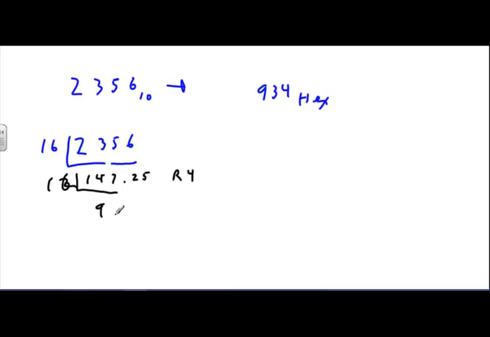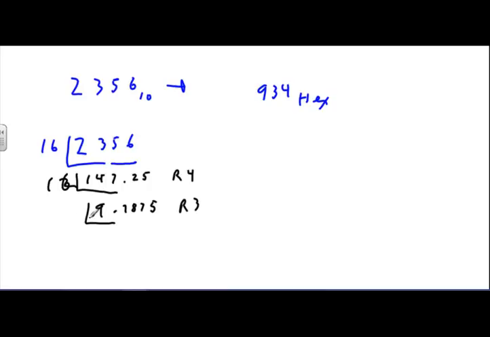9.1875. Well, what does that mean? I'm going to subtract 9 from it, and 0.1875 times 16 gives me a 3, so this is a remainder of 3.